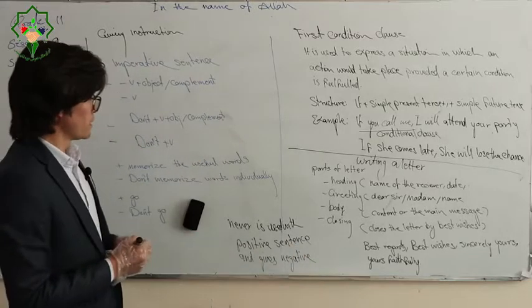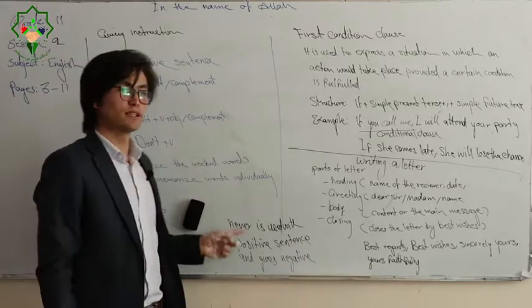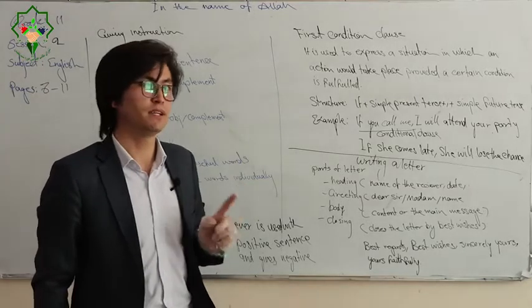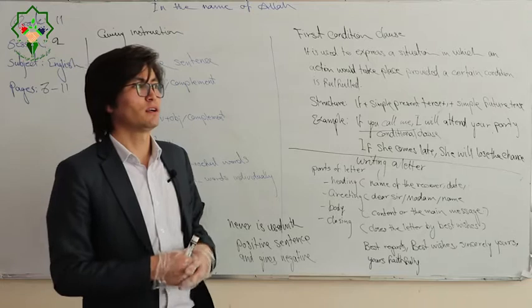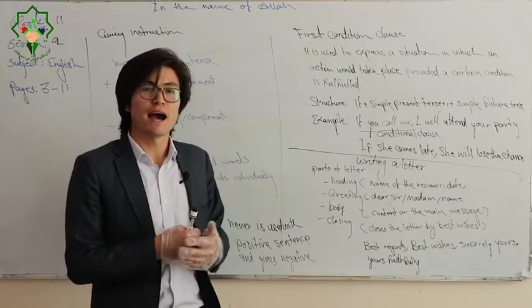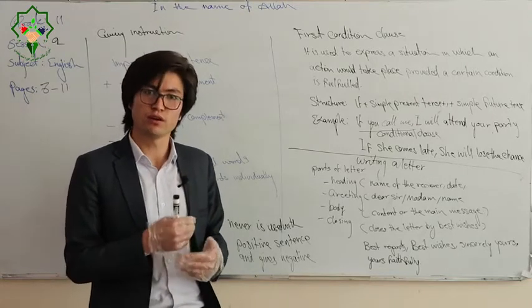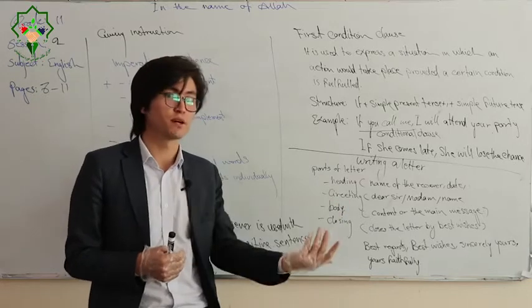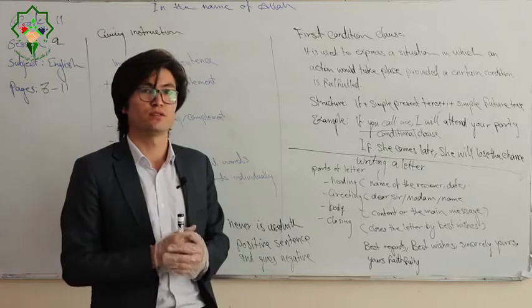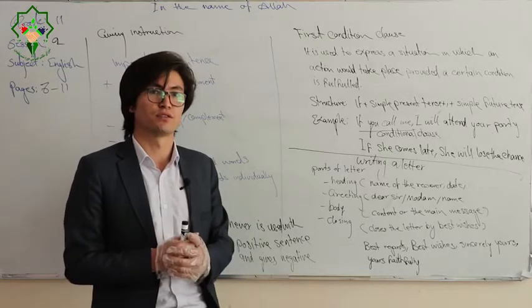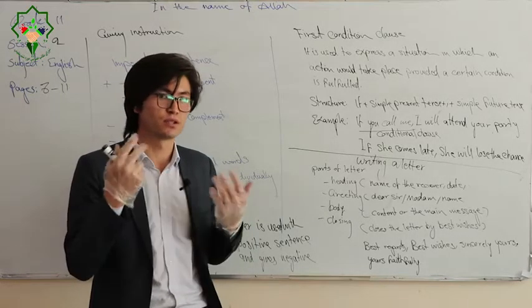If you use never, your sentence should be positive, but its meaning is negative. For example, never go out today. Go out is positive. If you add never at the beginning of this sentence, it changes to negative. Never go out. Never touch your face.